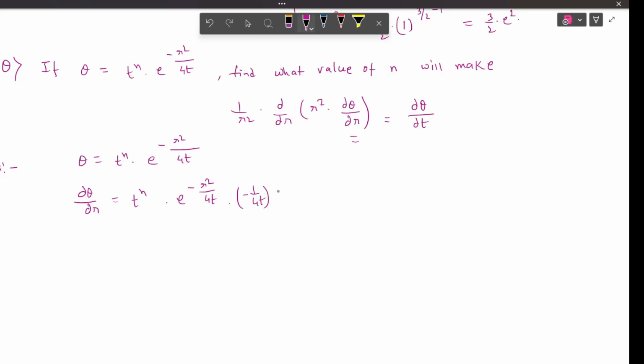For r square, differentiation would be 2r. Now t to the power n, e to the power minus r square by 4t is theta. So 2 and 4 will cancel out, and it will be minus r theta upon 2t.